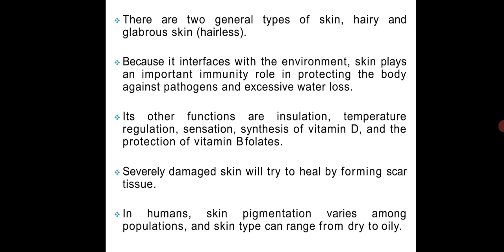See, skin directly interacts with the environment. So it plays a major role in maintenance of the immune system. It protects the body against pathogens, or we can say microbes, as well as it prevents the loss of water.